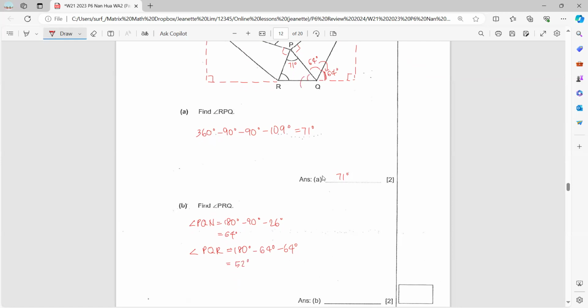Okay, so this is 52. And lastly, let's find PRQ now. So 180 minus 52 and 71, minus these two angles. Okay, then you get PQR. So 57 degrees.